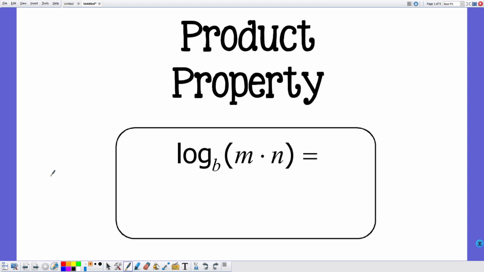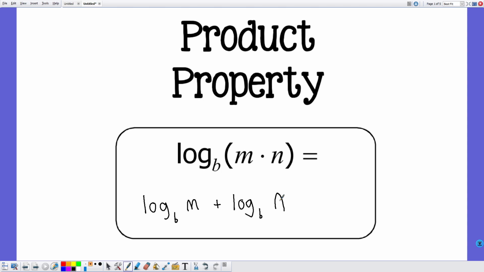This is equivalent to log base b of m plus log base b of n.